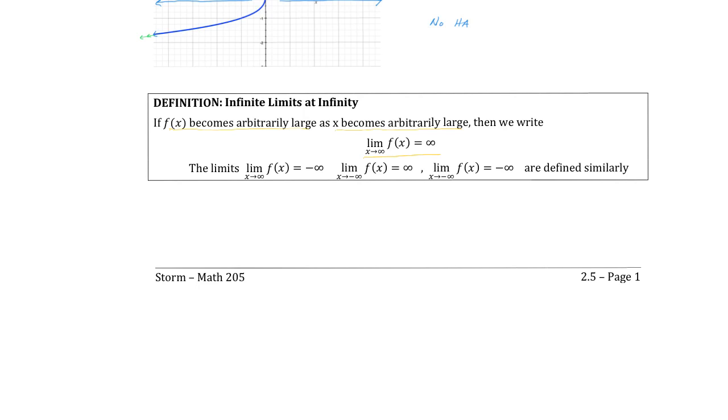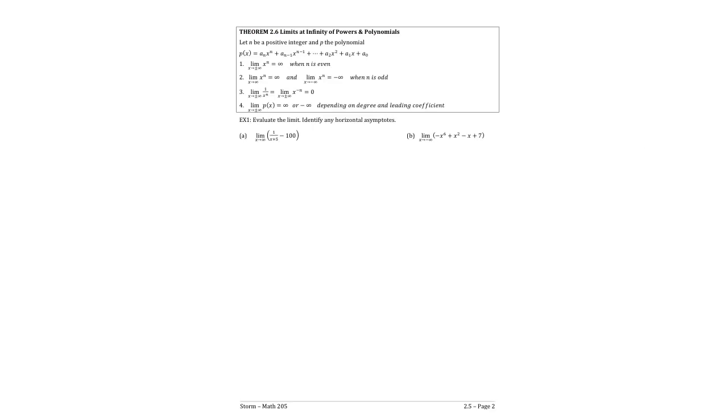And then we have similar notation if the limit is negative infinity, and if x is approaching negative infinity, going to infinity or negative infinity. So in my notes, this is supposed to be 241. So you can ignore the 205, the non-zero number.